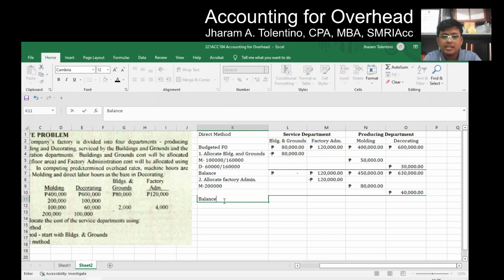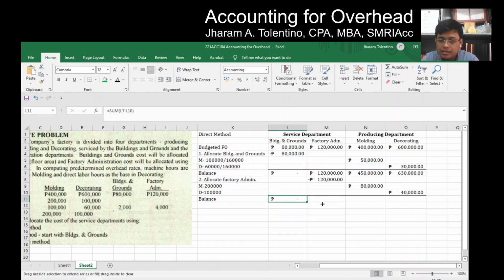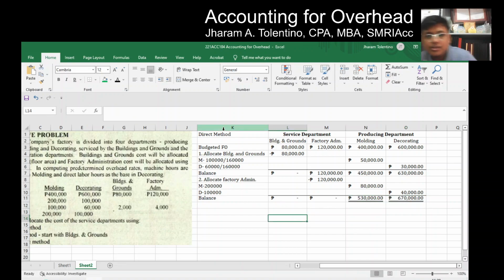Get the balance. We have the sum of following. So, ito na yung allocated. Yan yung total. Okay. So, ito na ngayon yung kukumpitan mo ng rates, ng departmental rates.